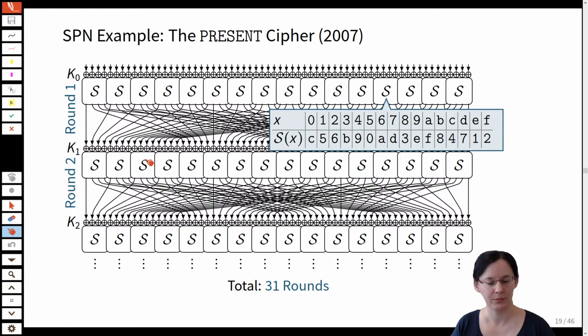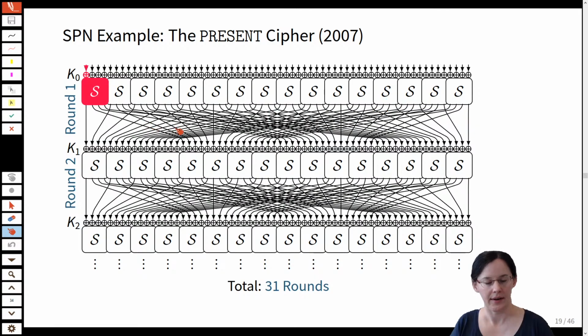So let's have a look at what the diffusion looks like. So first, here's a representation of this lookup table. So this is simply a table which matches some value x and maps it to some output value s of x. So it can also be written as a function like s. Let's see now what happens if we, for example, flip 1 bit at the input of the cipher here.